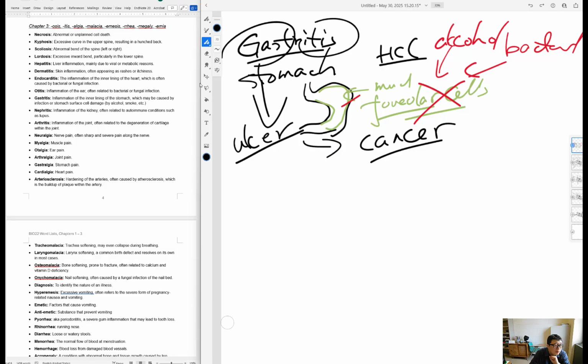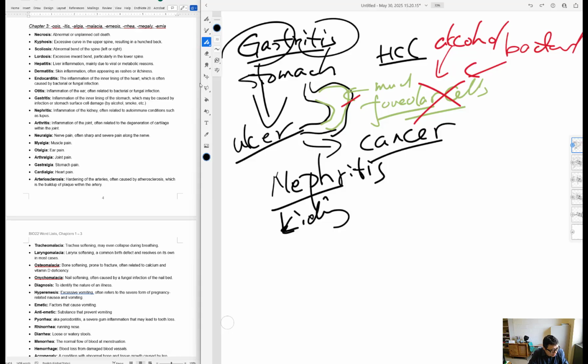The next one. Nephritis. Again, kidney. Nephritis, kidney inflammation. Kidney is far away from infection. It's quite unlikely to have an infection in the kidney.